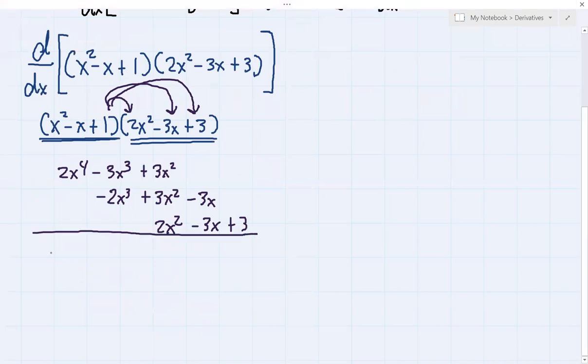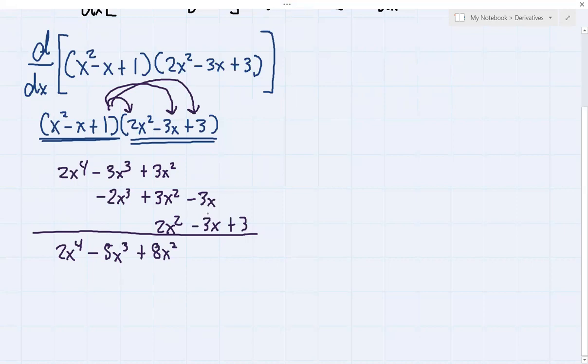Okay? So, let's bring down 2x raised to 4 since siya lamang isa. Let's combine negative 3x cubed and negative 2x cubed. Magiging negative 5x cubed to. Then here, 3x squared plus 3x squared plus 2x squared. Magiging 8x squared. Okay? Tama ba ako? Tama.